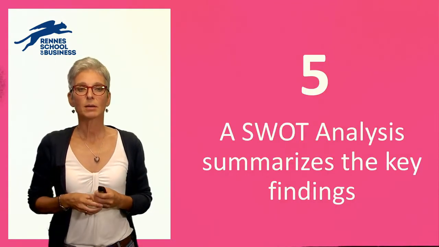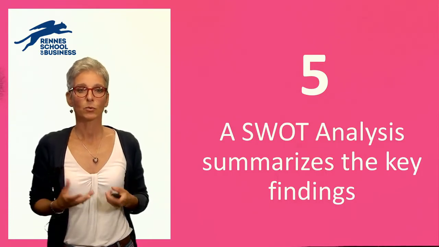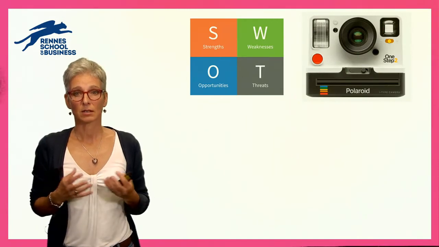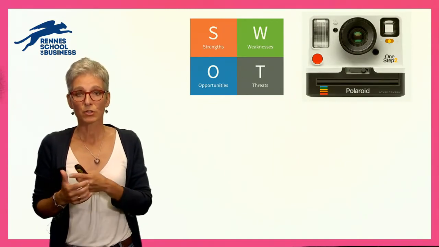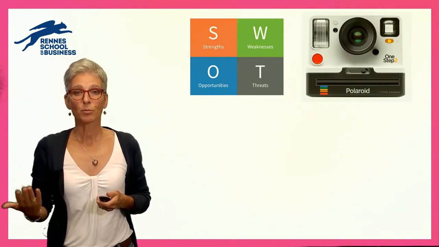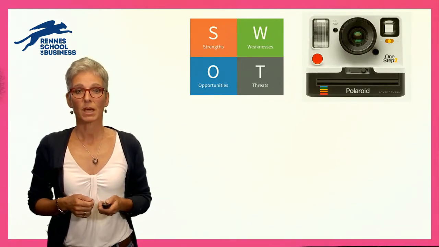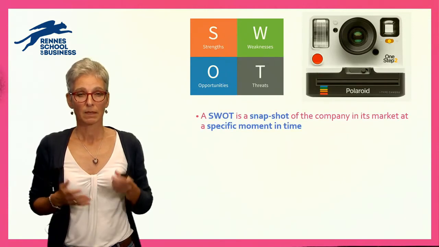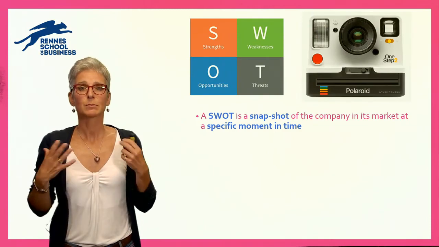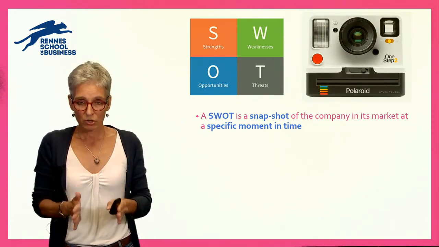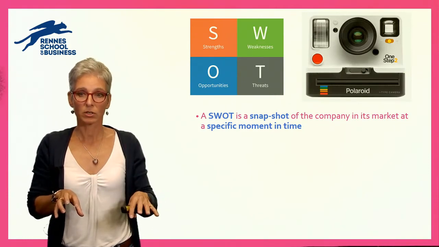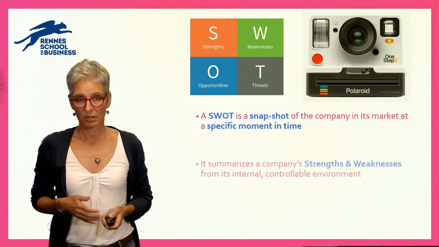Finally, we're going to summarize all of these findings in what we call a SWOT analysis. And SWOT takes its origin from the strengths and the weaknesses of the internal analysis and the opportunities and the threats from the external analysis. It's like taking a photograph, like a Polaroid photograph, at a specific moment in time to just act on what is happening internally and externally and creating a diagnosis.